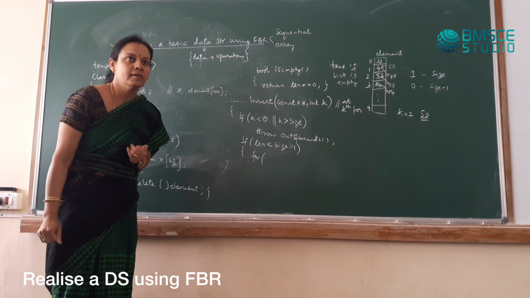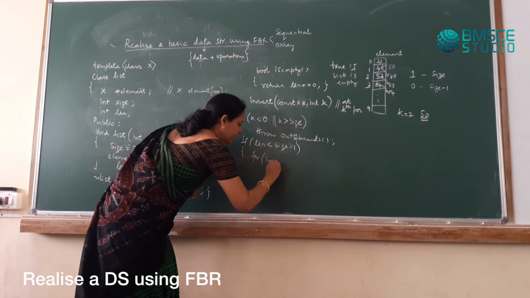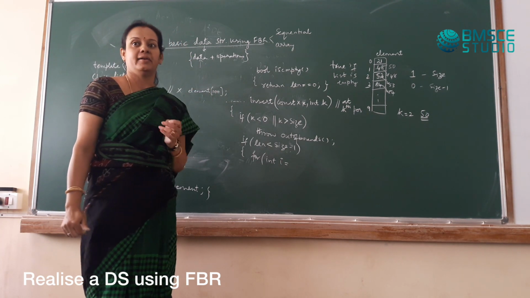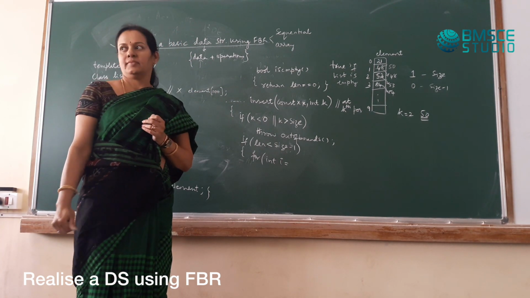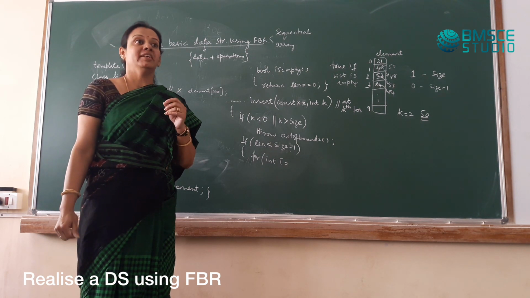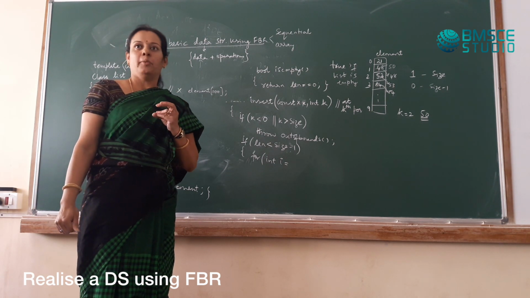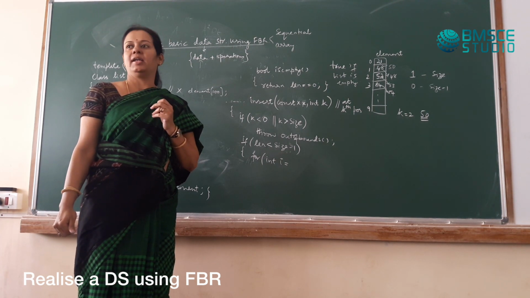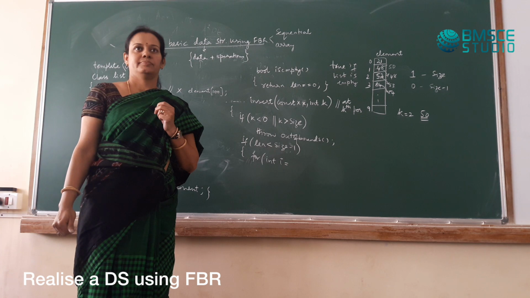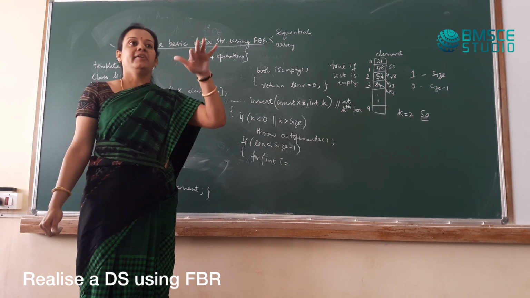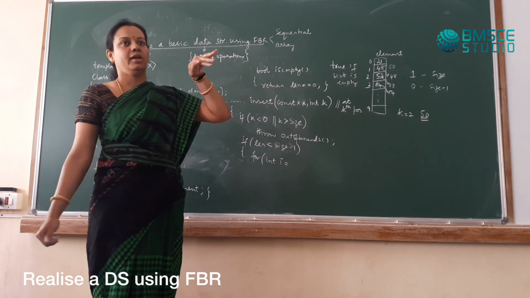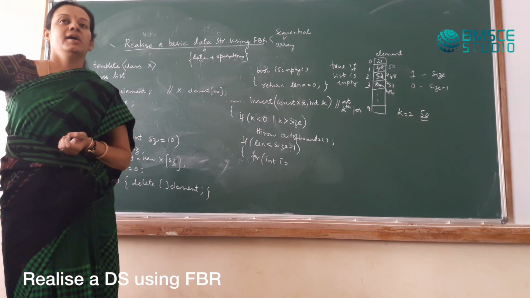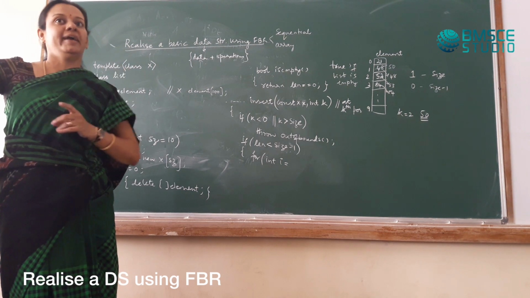For int I equal to, from which position do we start? Where do we start from? How many of you think that we should start from the last location, shifting from the last location? How many of you think we should start from the Kth position?